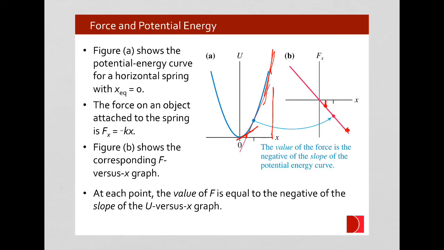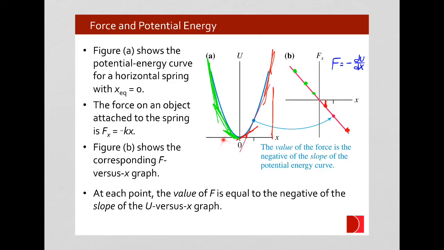When you look on the other side, you have a small negative slope here, which would give you a small positive force. As you move your way out, you have a little bit larger negative slope, so you have a larger positive force. And as you move farther out, the slope gets larger negative, so you have a larger positive force, because of that relationship that we derived, that the force would be the negative derivative of potential energy with respect to x, if we're talking about our x coordinate.